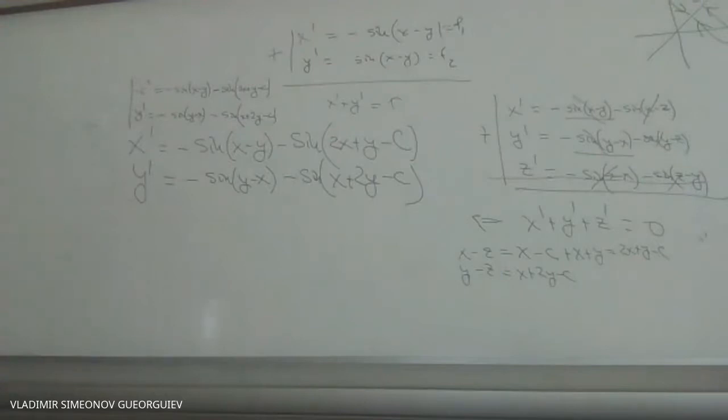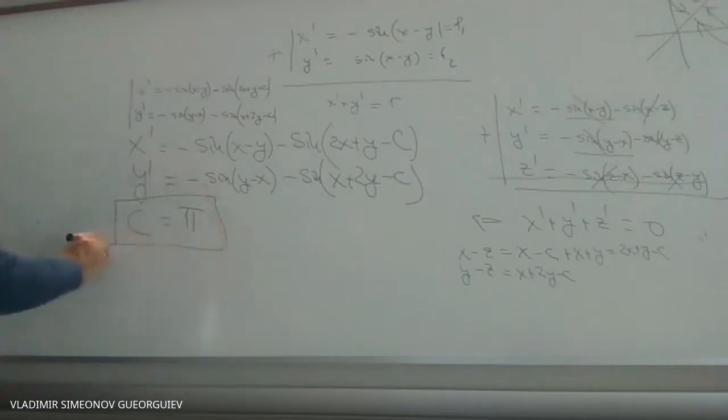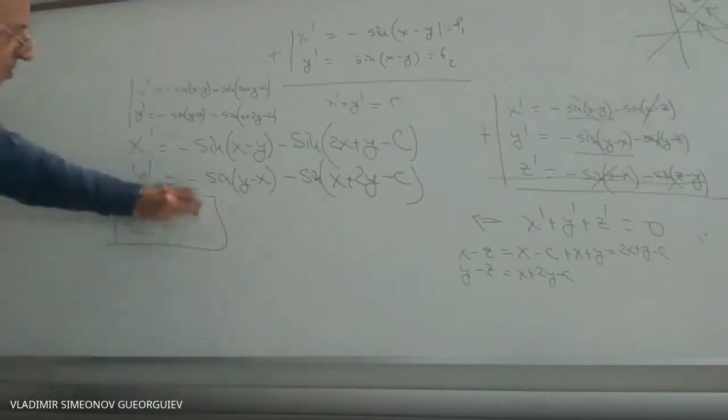And if you want, we can take this constant c, for example, equal to pi, then you can simplify. You can take also c equals 0. Even this is much simpler.